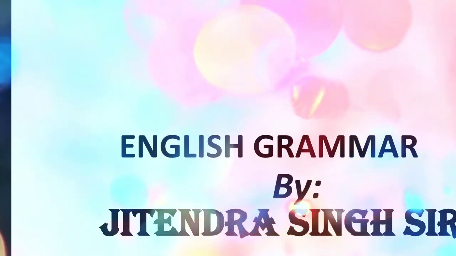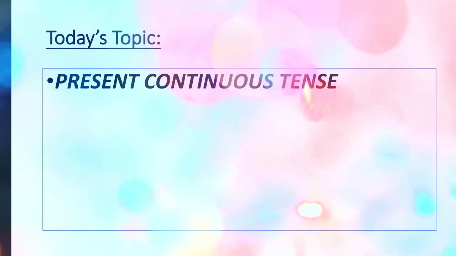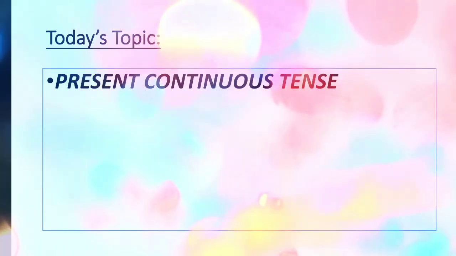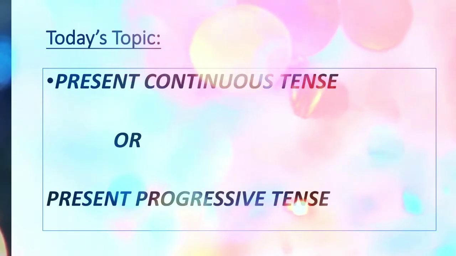Now we will go to the next part of this tense, and that is today's topic. Today's topic is related to the second part of present tense, and that is the second kind, present continuous tense. This tense is also known by another name, that is present progressive tense.